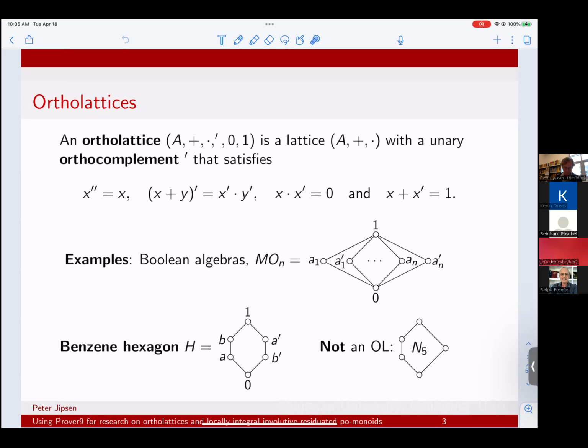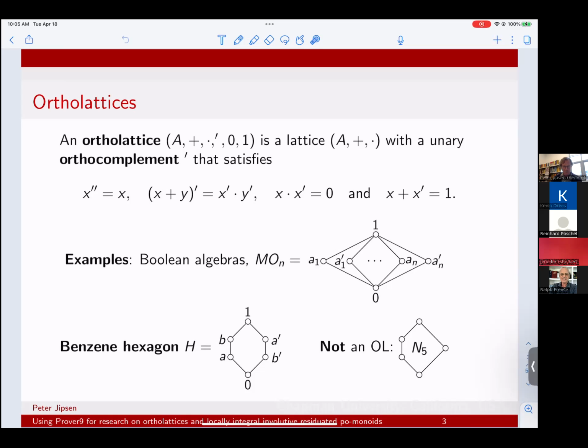Examples are Boolean algebras, which are really just the distributive ortholattices. And then there's this collection of MOns, which have 2n elements, with n elements paired with their orthocomplements.